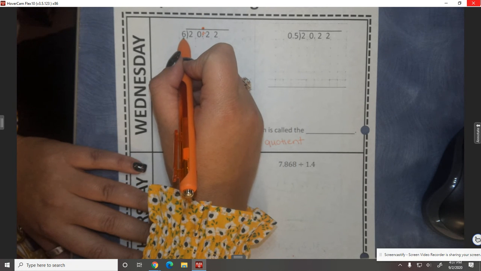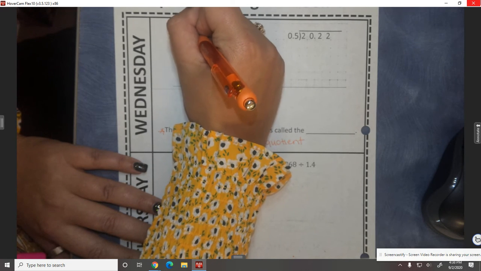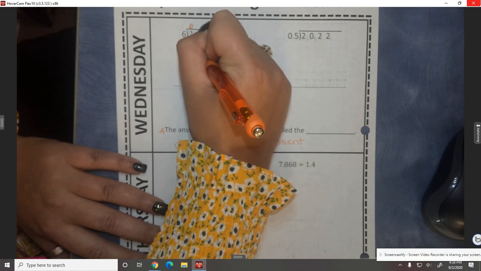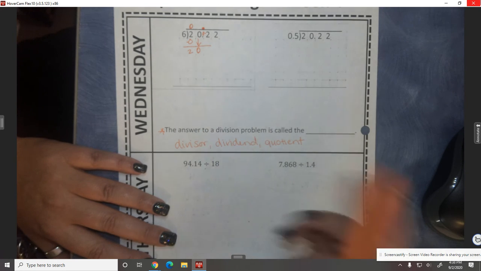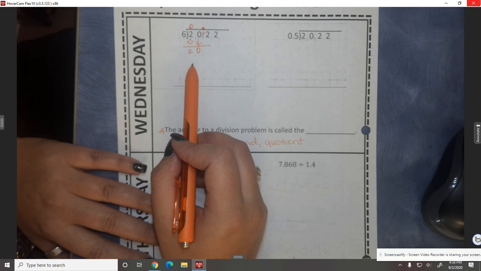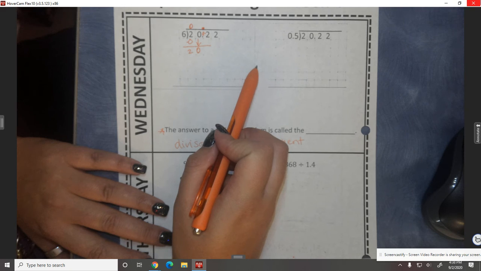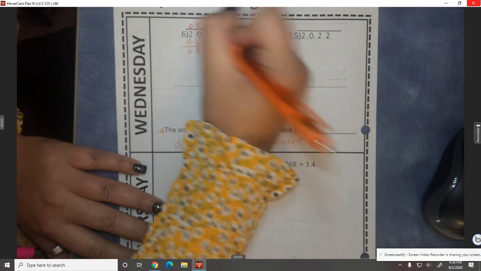We're going to ask ourselves, how many times will 6 go into 2? 0 times. Brought on our 0. So we have 6 will go into 20. Well, I know my multiples of 6 is 6, 12, 18, 24. 24 is too big, so we got to back up to 18, which is 3 times.